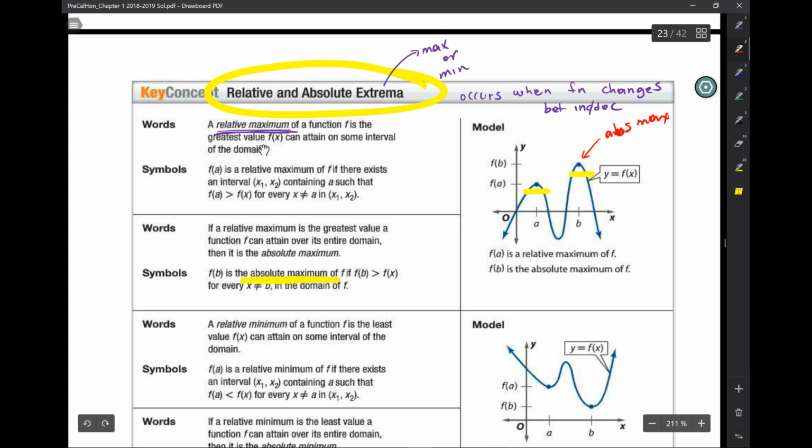So if I say state all of the relative maxima, you give me everything. You don't leave out the absolute, you give me everything. If I say give the absolute maximum, you give me the highest one. It's local. So for relative maximum, provide all.